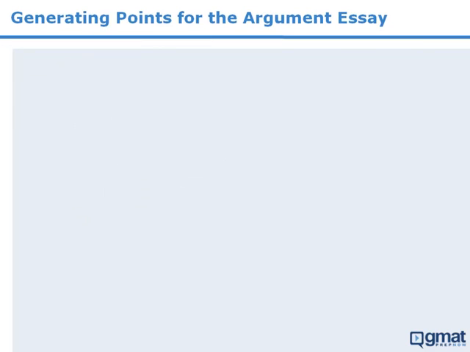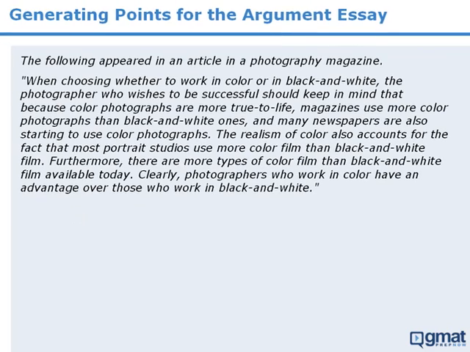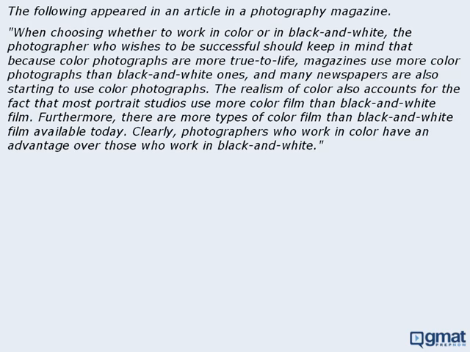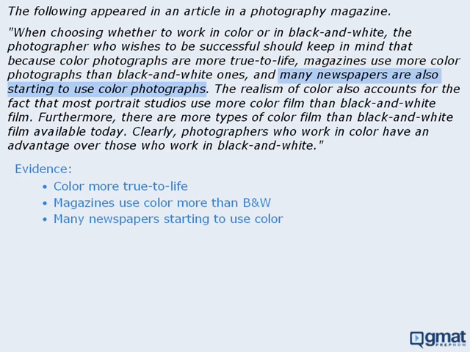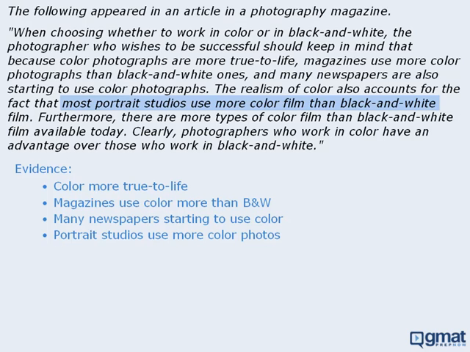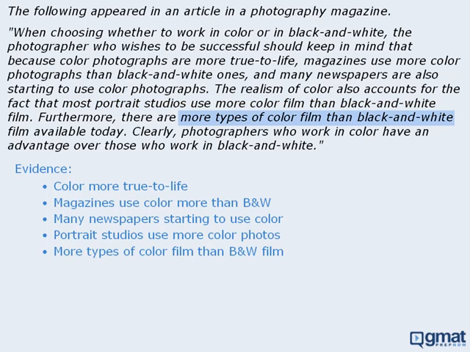Now let's see what flaws we can find with this argument. Well, our first step before looking for any flaws is to identify the evidence and the conclusion. Beginning with the evidence, we are told that color photographs are more true to life, magazines use color photographs more than black and white ones, many newspapers are starting to use color photographs, portrait studios use more color photographs, and there are more types of color film than black and white film available.